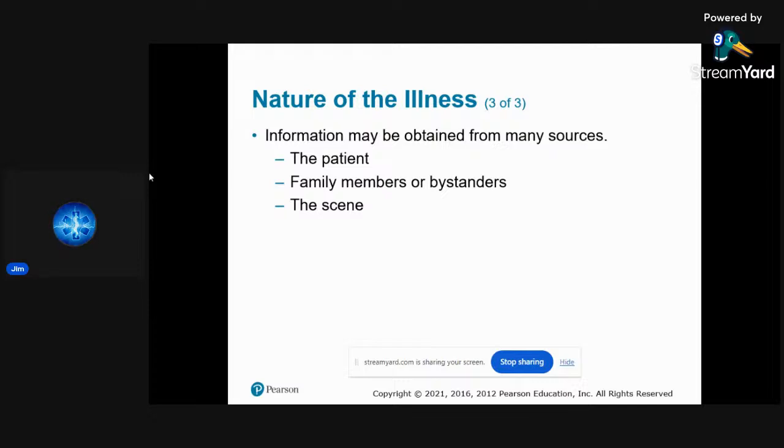We can get information about the illness from the patient, maybe from the family or bystanders, or the scene itself, right? We can see medications, maybe drugs and alcohol on scene. We can see different things, living conditions. Those can be signs.